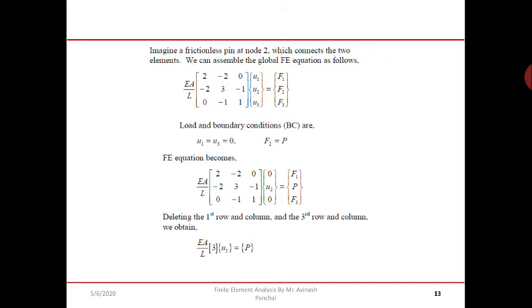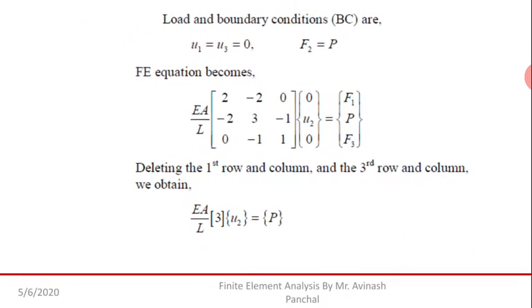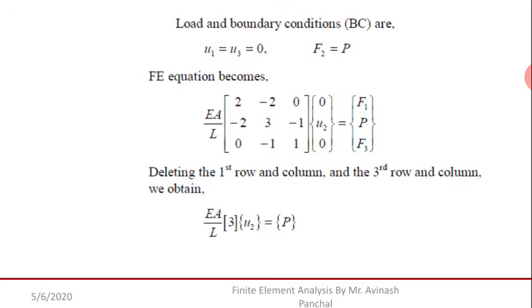So here we have the updated equations. The stiffness matrix and the displacement vector are multiplied. The displacement vector has 0 in the 1st and 3rd positions, so the multiplication will only give 0 values there. With the help of the elimination method we can delete the first row and first column and the third row and third column, because they do not participate in the calculation, being 0.